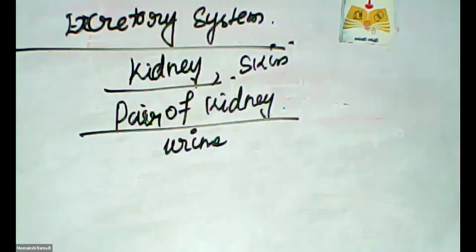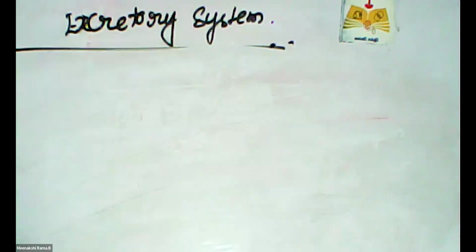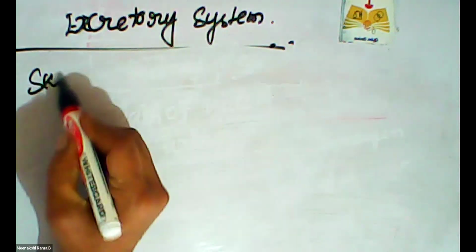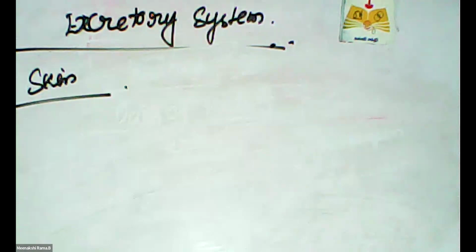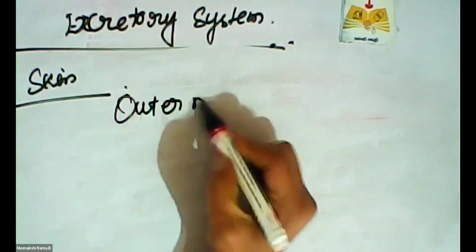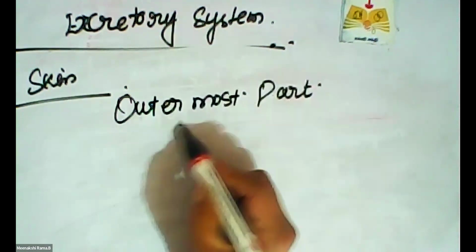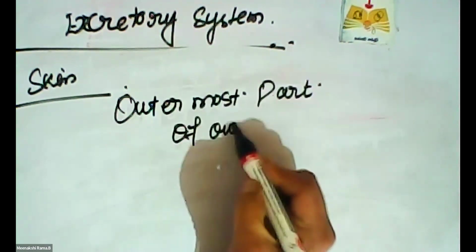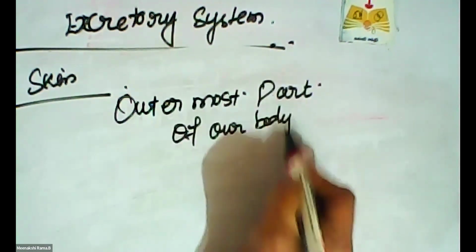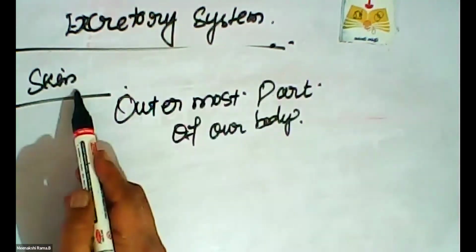Okay, first excretory means skin, and then we are going to learn the kidney part. Okay, skin is the outermost covering of our body. Yes, this is the last part. The outermost part of our body is skin only. Our body is covered with the skin only.